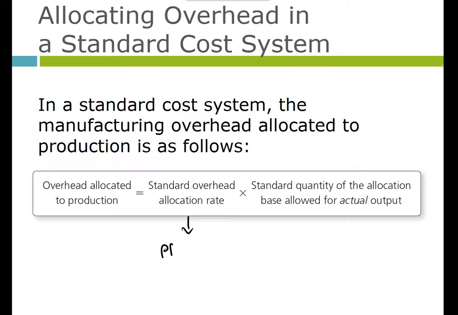It's very much like the predetermined overhead rate that we looked at earlier, except it's an allocation rate. And again, it'll just be how much I was expecting this cost to be divided by whatever that cost driver is. And so I take that predetermined overhead rate times the actual production. And then I compare that to what I thought it was going to be.